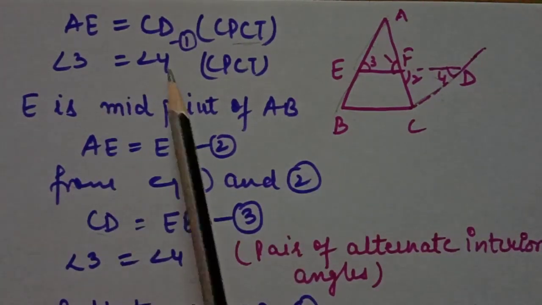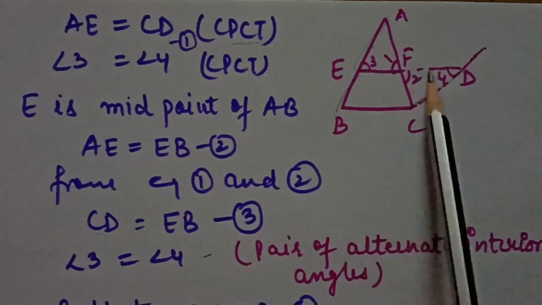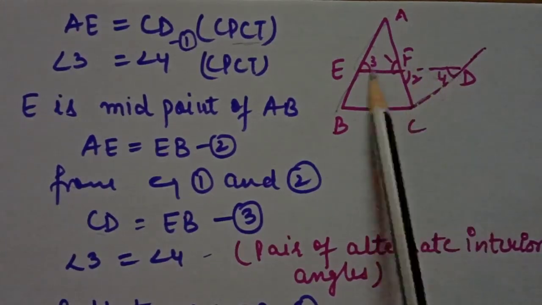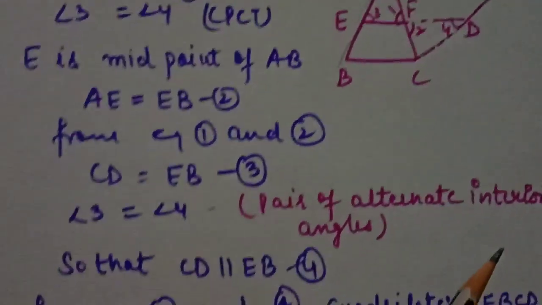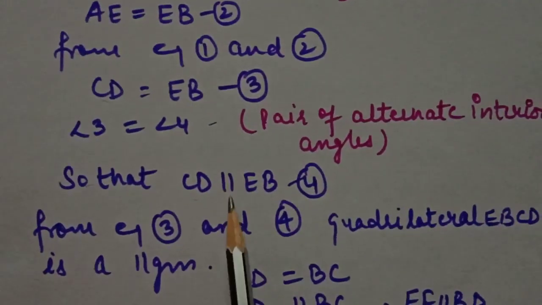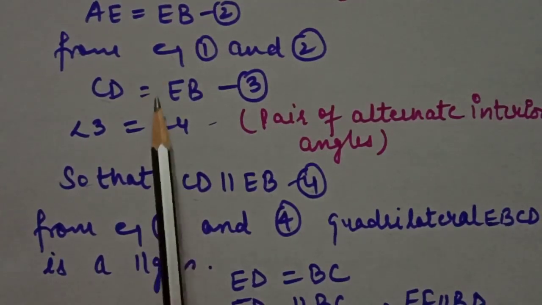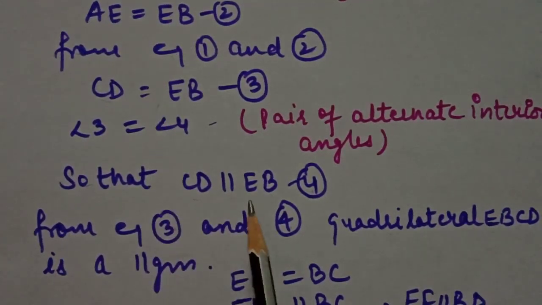Angle 3 and angle 4 are also equal to each other by CPCT, but they are a pair of alternate interior angles. Hence, lines CD and EB are also parallel to each other. From equations 3 and 4, quadrilateral EBCD is a parallelogram because CD and EB are equal as well as parallel.